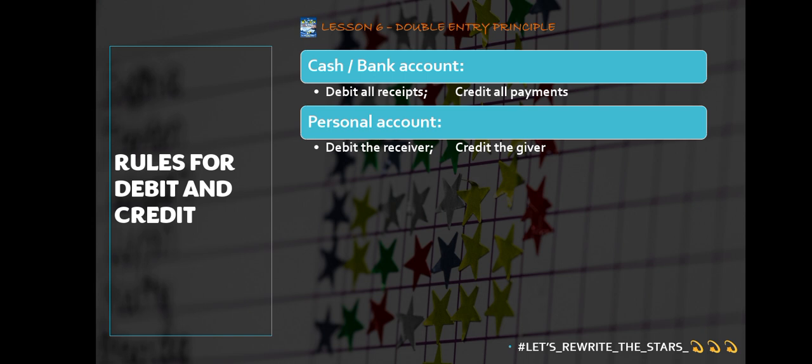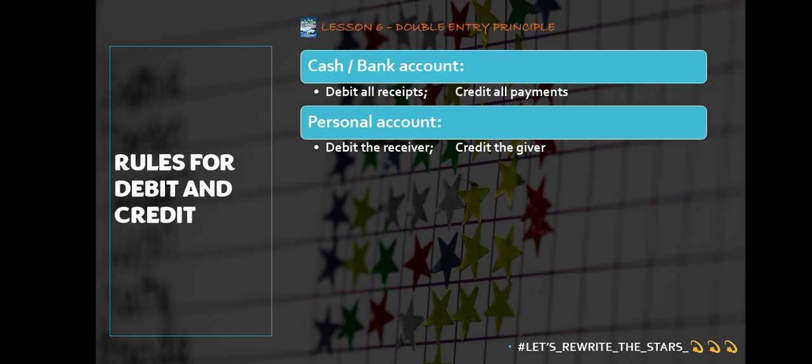The personal account basically covers accounts that belong to individuals, companies or businesses, something like Kofi's account, Alex's account, Nevin's account. Any account that belongs to an individual or an entity, we debit the receiver and credit the giver.